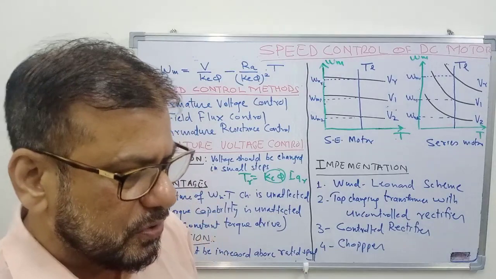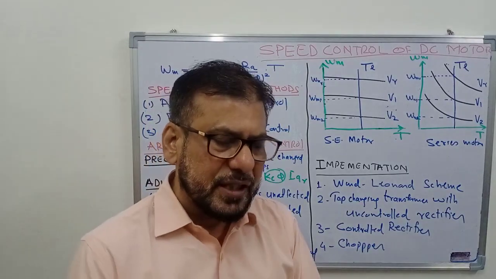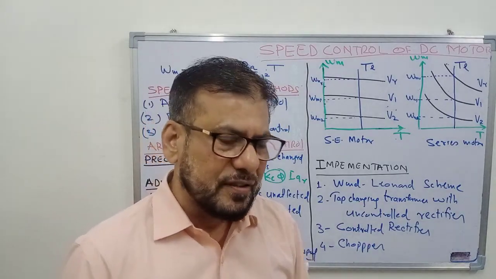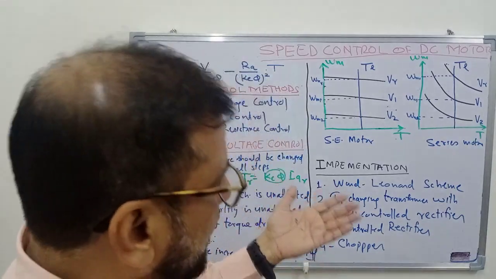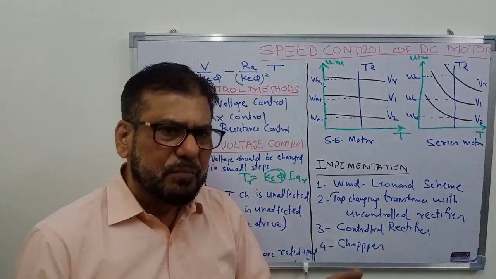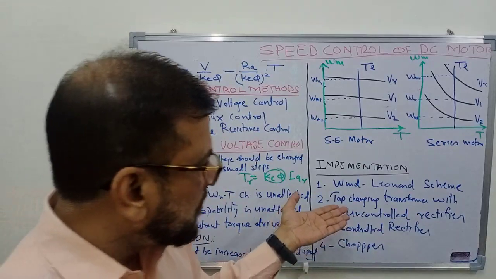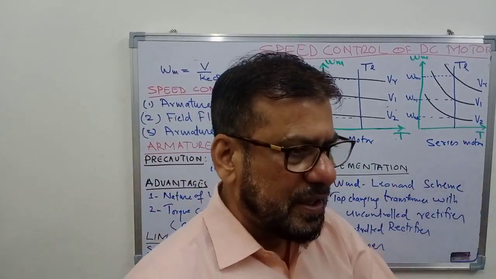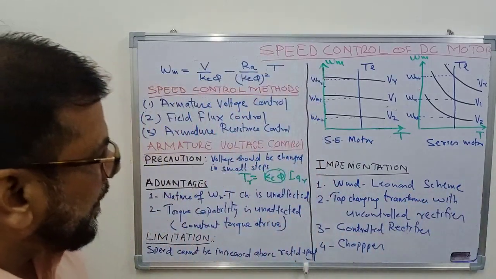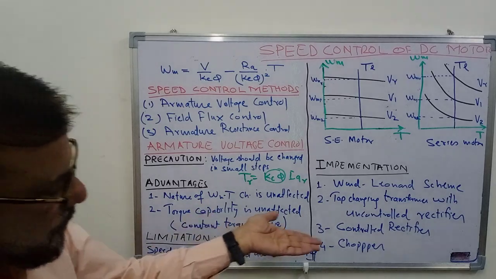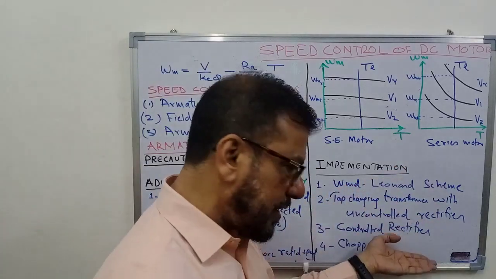You require triple the floor area required by the motor of which you are controlling the speed. But earlier there was no other method, so this method was being used extensively in industrial applications.